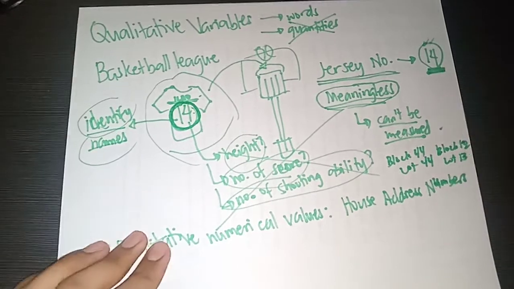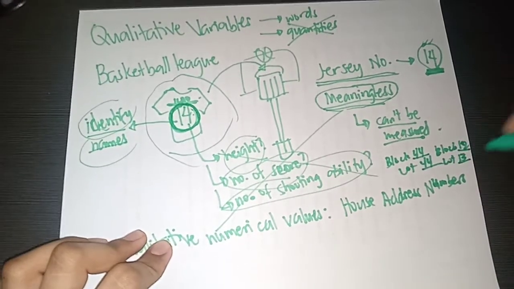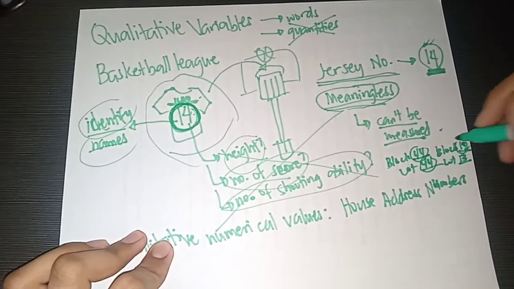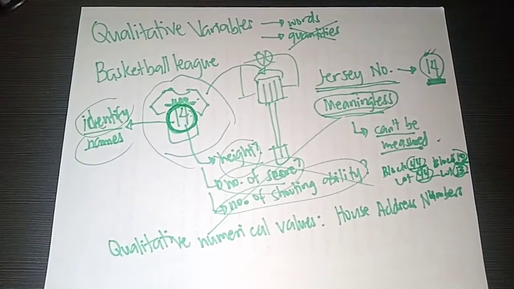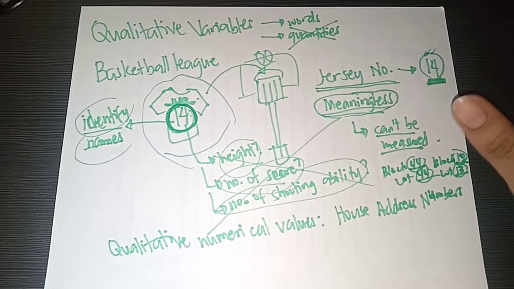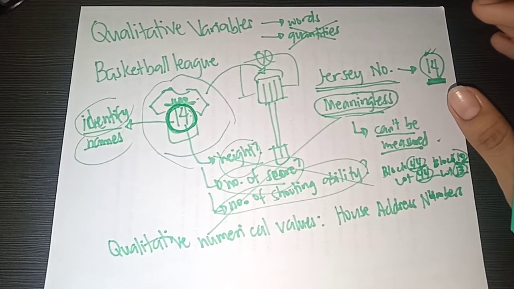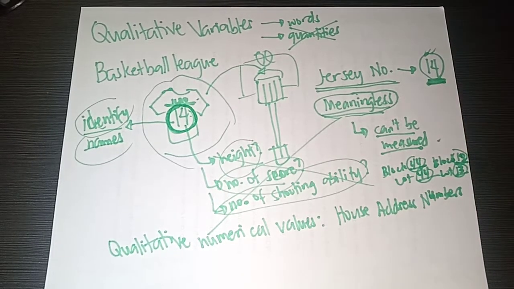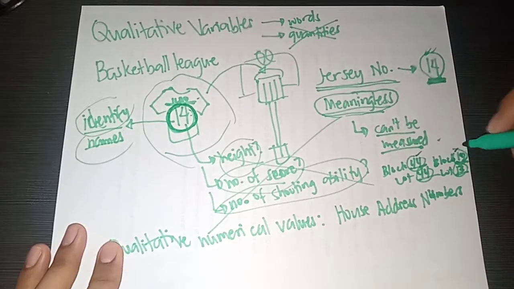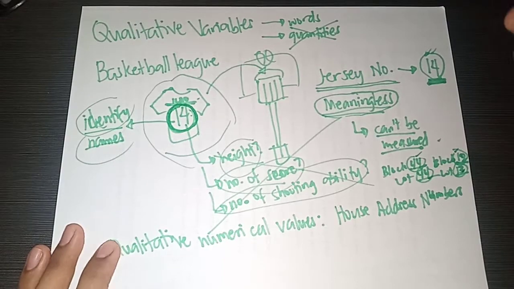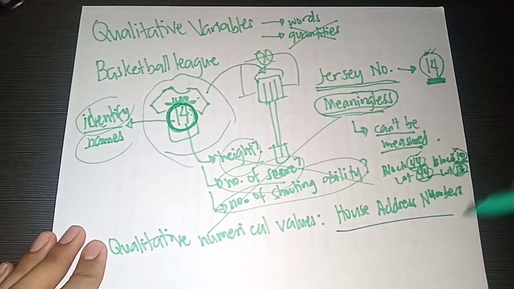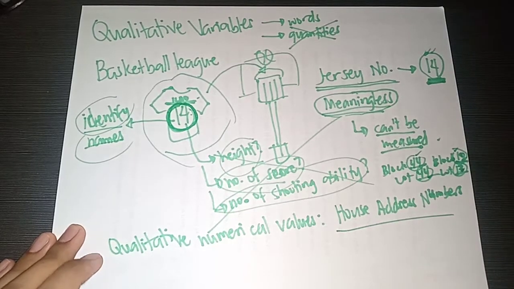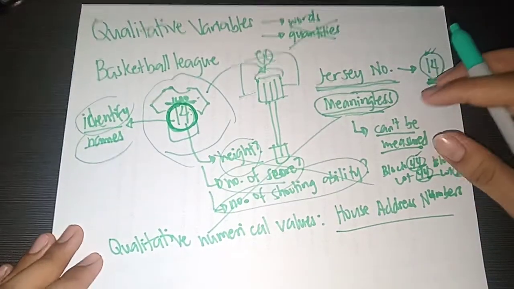These numbers do not mean anything. They do not measure the quality of the house, the number of streets to be passed, or the height of the house. These numbers are meaningless. They are just used to identify the names of the house. So house address numbers are examples of numerical values that fall under qualitative variables.